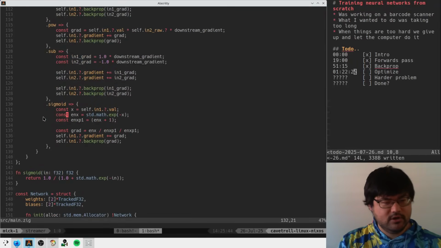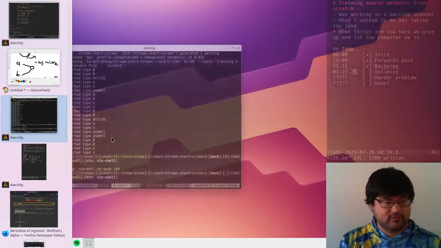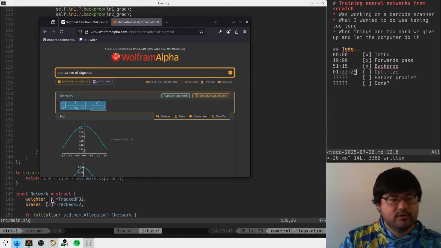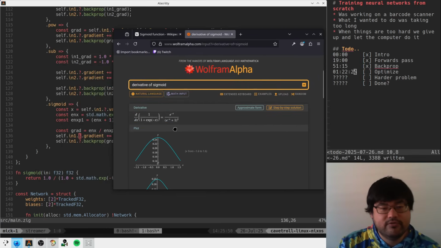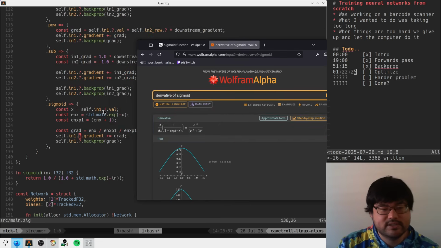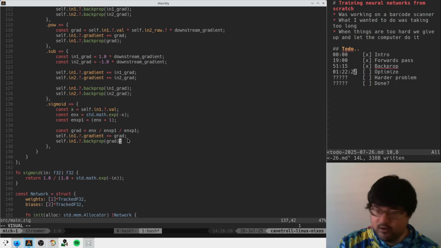So here we have derivative of sigmoid, which is this. We have e to the negative x here over e to the negative x plus 1 squared. So I think that's right.